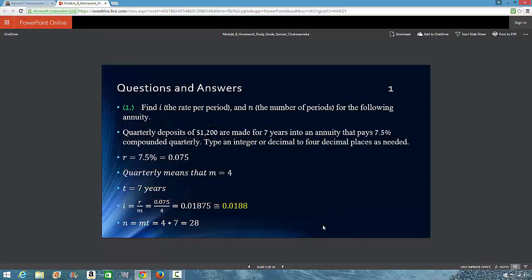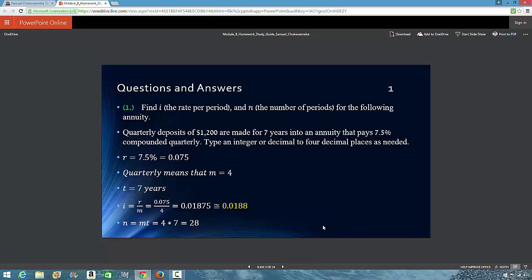Question 1. Find the rate per period I and the number of periods N for the following annuity. Quarterly deposits of $1,200 are made for 7 years into an annuity that pays 7.5% compounded quarterly.